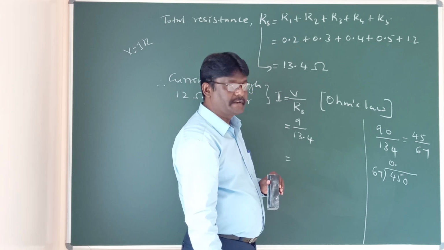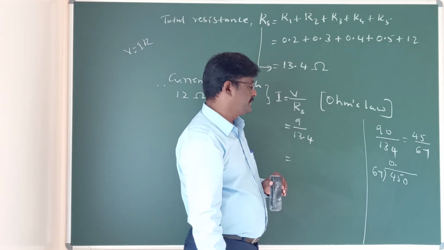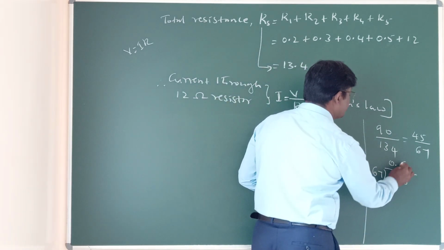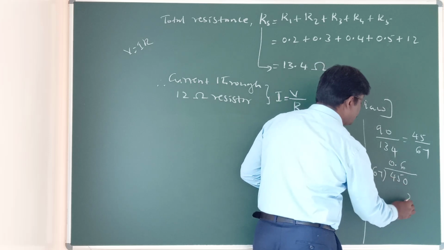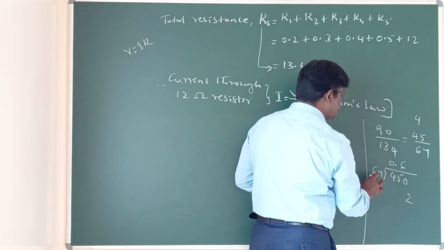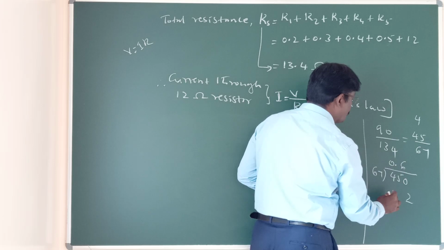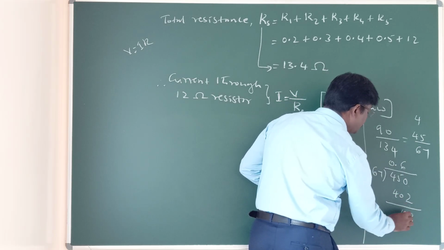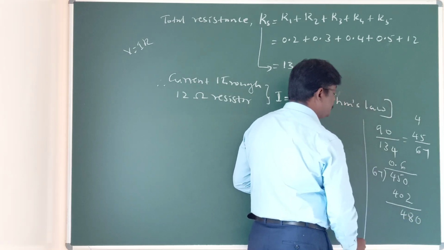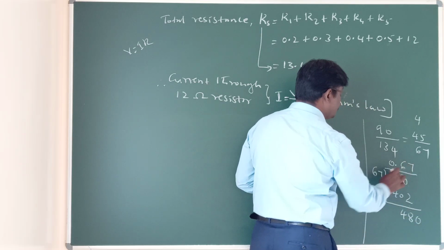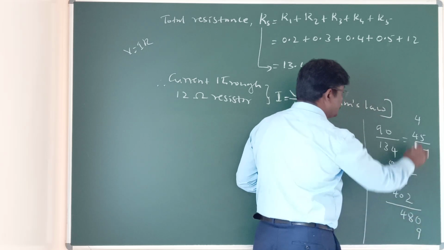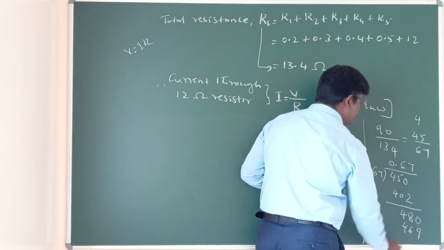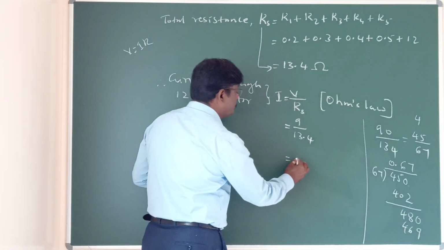Will it go by 7? 7 6s are 42, 7 7s are 49. It exceeds 450. So let us try with 6. 6 7s are 42, 6 6s are 36 plus 4, 40. Then it comes 48. Now it goes 7 times. 7 7s are 49, 7 6s are 42, 46.